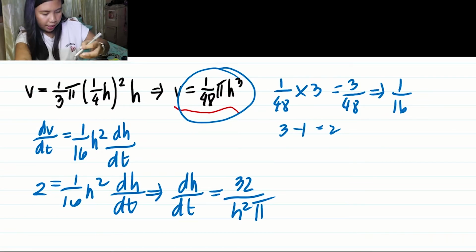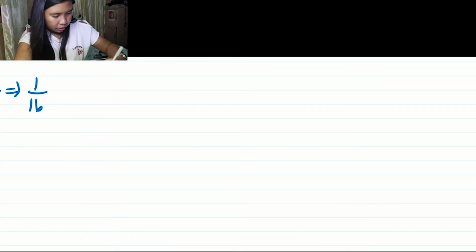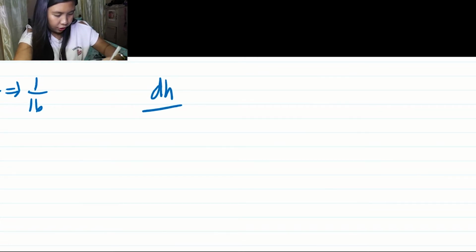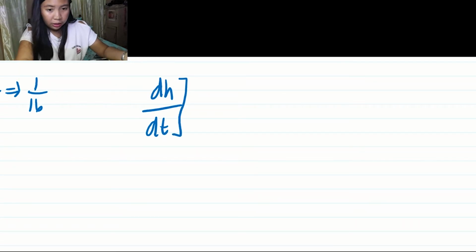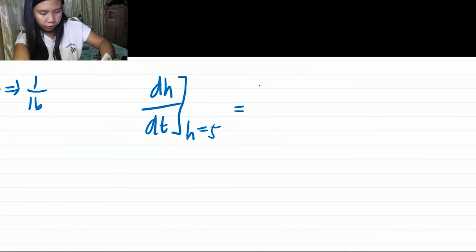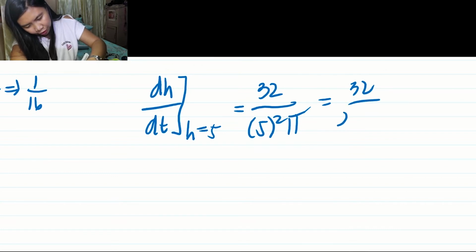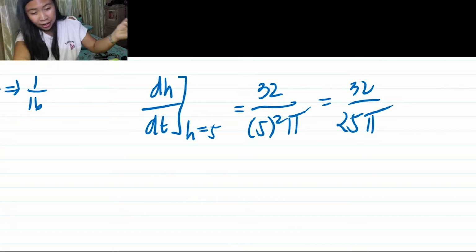Now that we have this formula, we can say that dh over dt, if h is equal to 5, is equal to 32 over 5 squared pi, which is 32 over 25 pi.